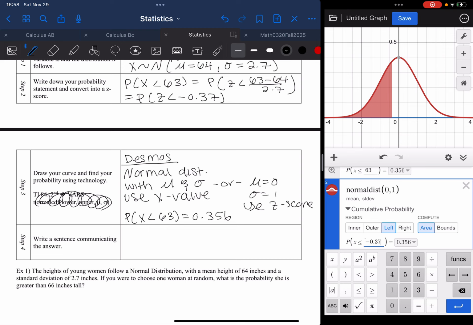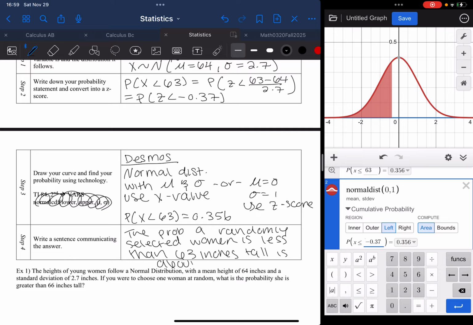So it says the probability a randomly selected woman is less than 63 inches tall is about 35.6%.